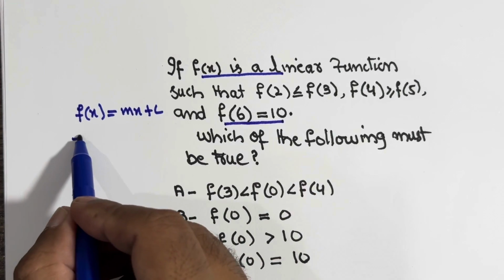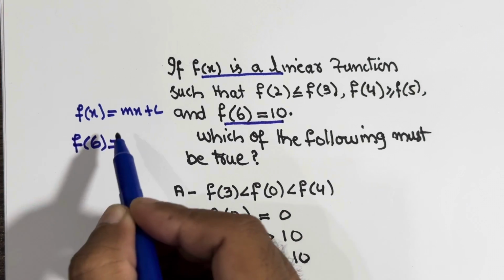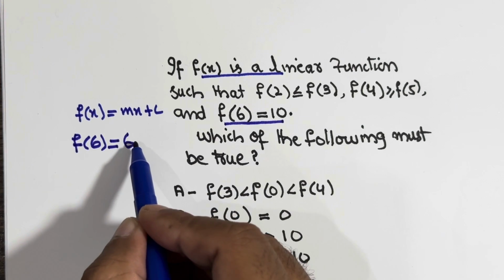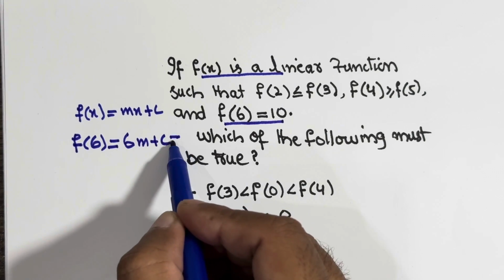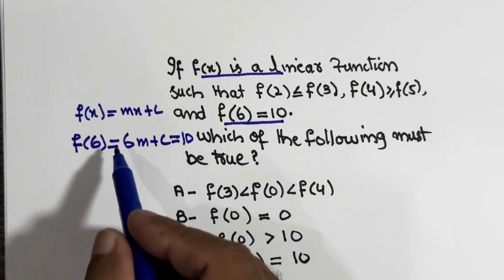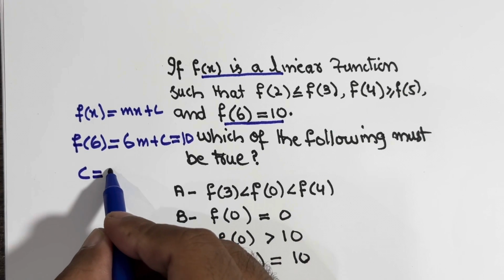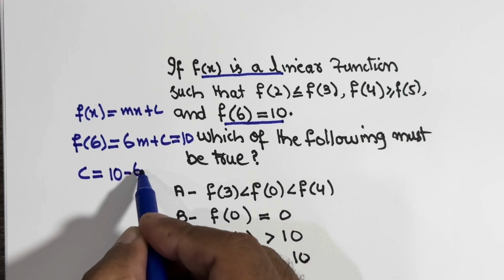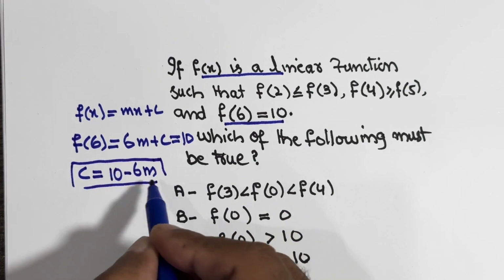So from this, f of 6 will be equal to 6m plus c, and this is equal to 10. From this we have c is equal to 10 minus 6m. Okay, we have one relation.